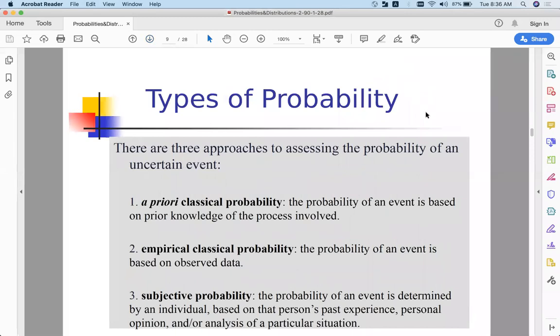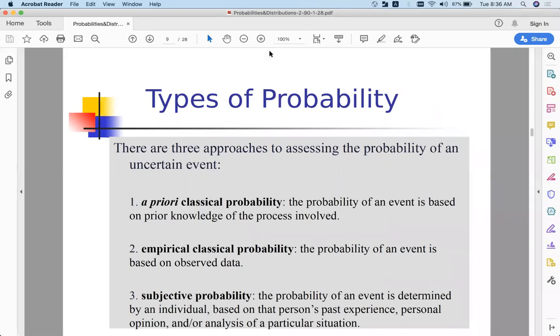Now this is some more theory, so it's okay, you just have to remember this. There are three approaches to assessing the probability of an uncertain event. A priori, classical probability: the probability of the event is based on prior knowledge of the process involved. Empirical probability is where the probability of the event is based on observed data.